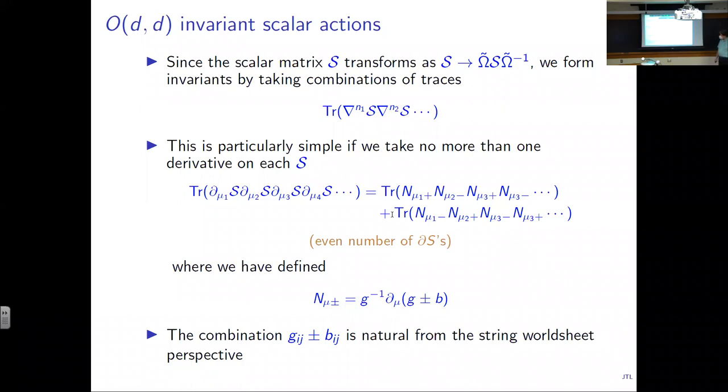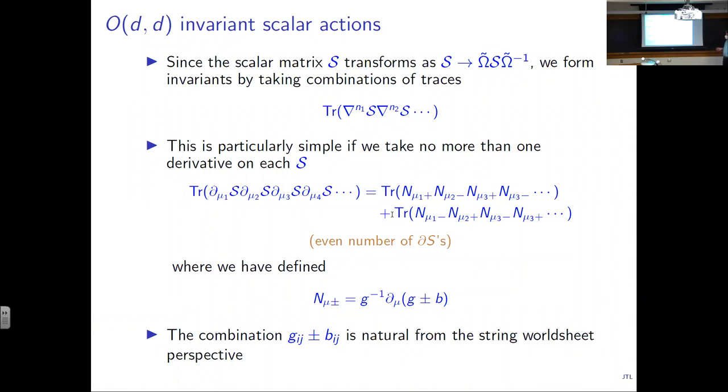So the left-hand side over here are ODD invariants built out of the scalar matrix S. That's more or less by construction ODD invariant. The right-hand side are derivatives of scalars, derivatives of Gij and Bij combined in this n plus minus matrix.